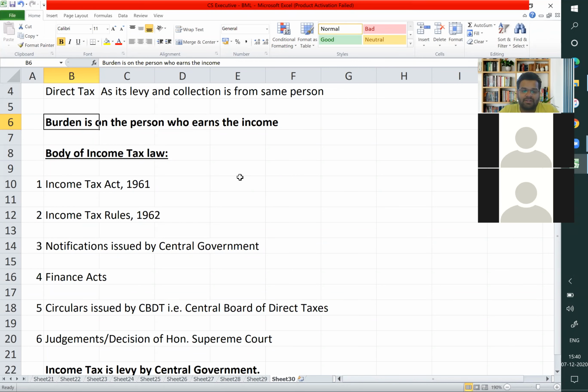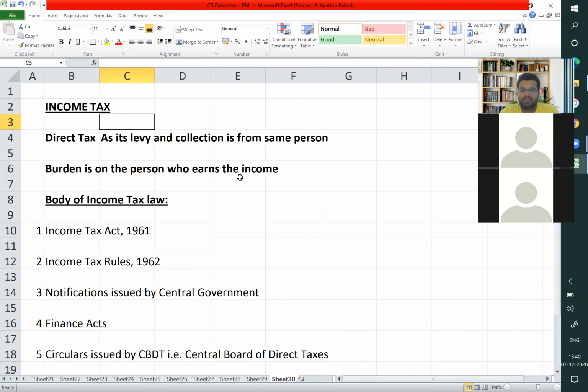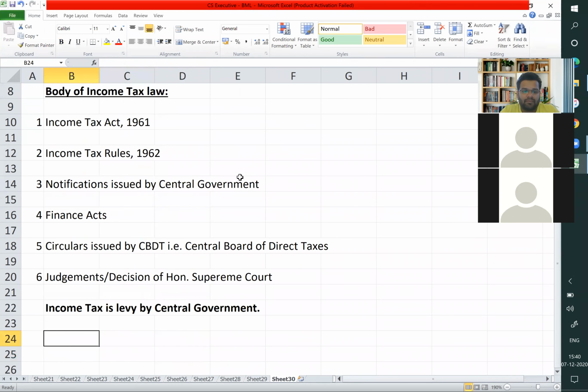That is what we mean by judgments or decisions of the Honorable Supreme Court. It is called income tax because its levy and collection is from the same person, and the burden is on the person who is earning the income. You got all these main points.